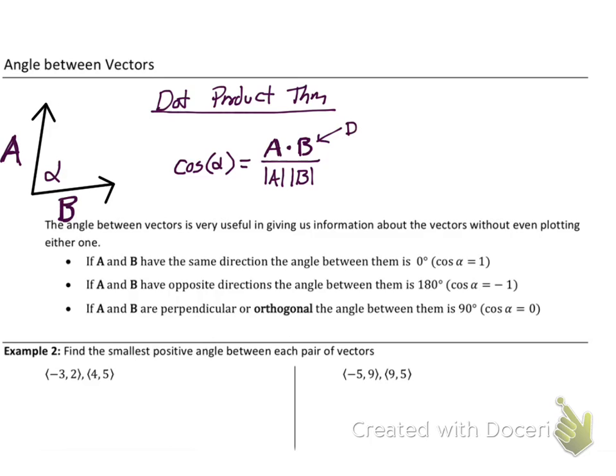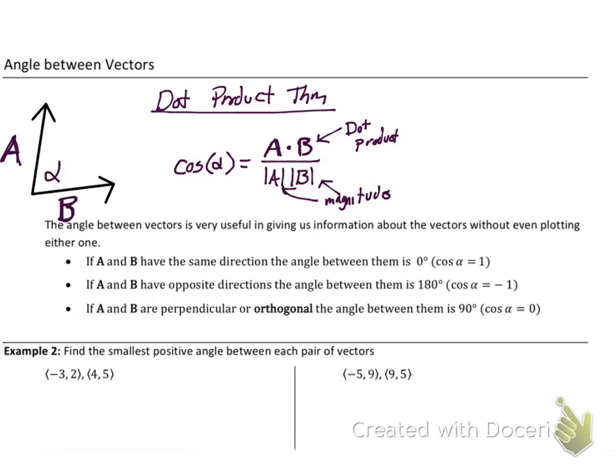This is my dot product. And these are magnitudes. So that means I need two things. I need to know the component form of A and B, and I need to know their magnitudes. All right, those are the two things I need, and I can use the dot product theorem to get that angle that's in between. All right, so like I said, the dot product was used to compare things.